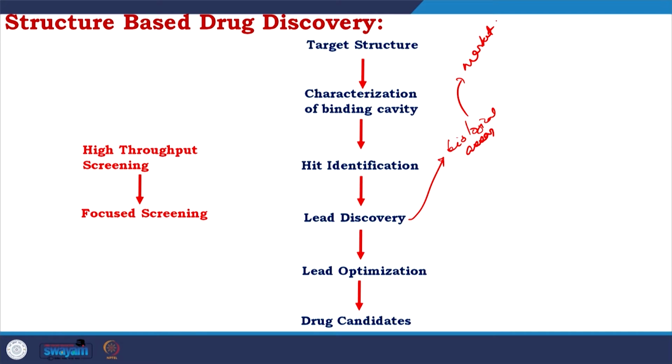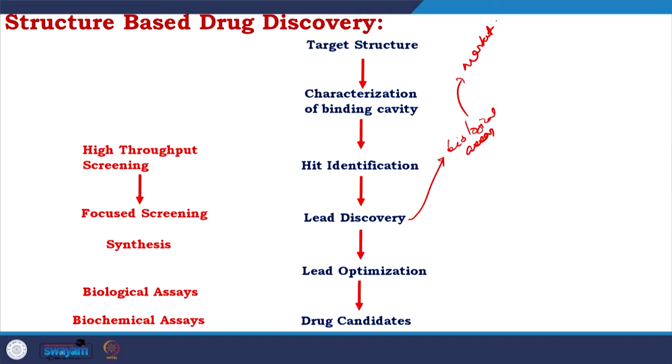So, high throughput screening, as I told, is now converted to focus screening, which means we have to perform less synthesis and fewer biological assays, which are costly, as well as biochemical assays.